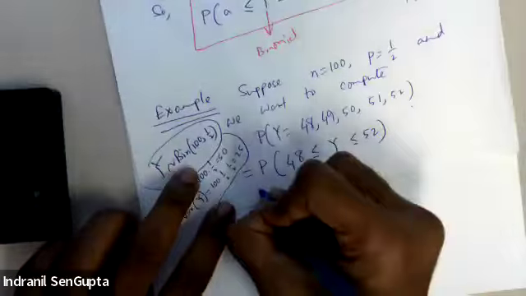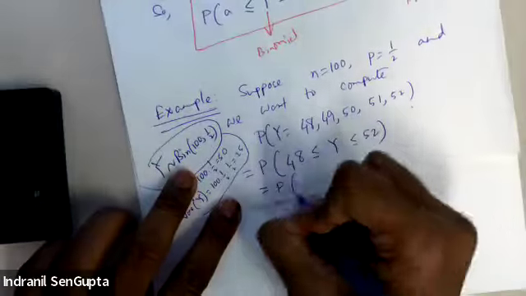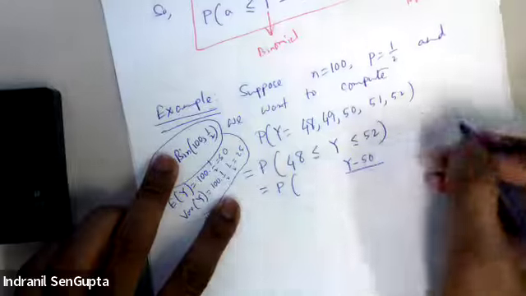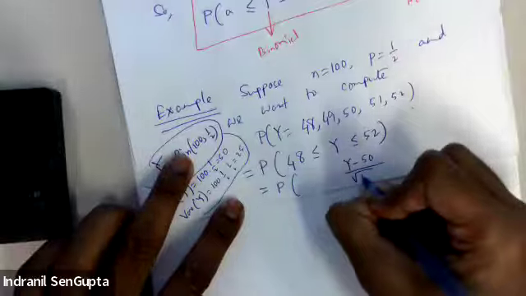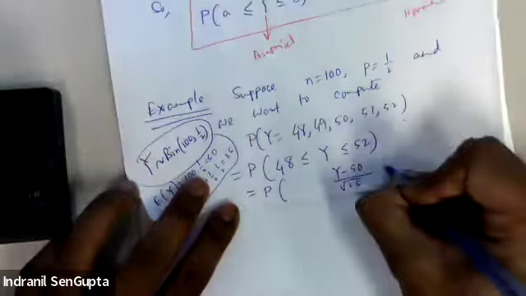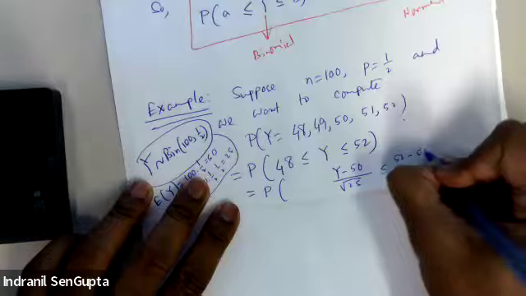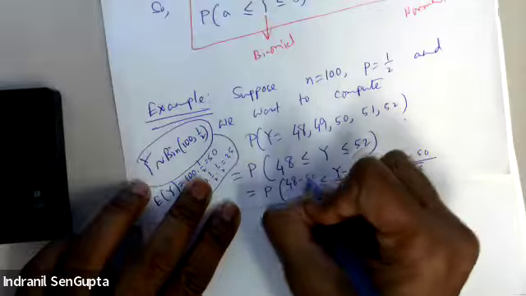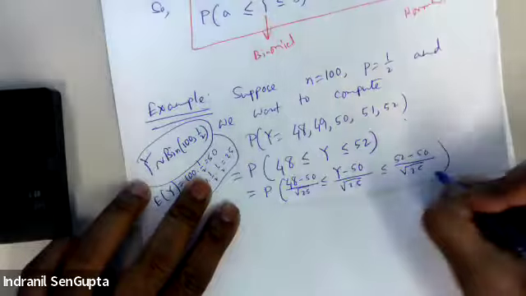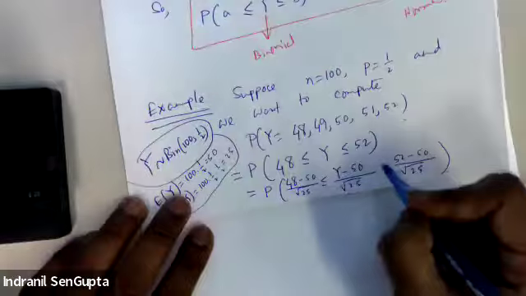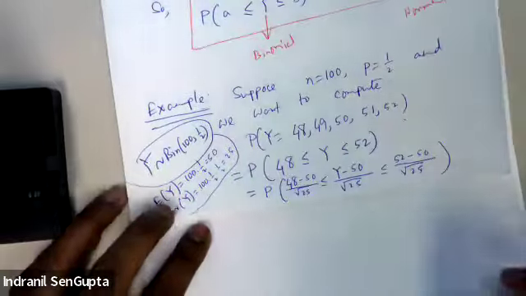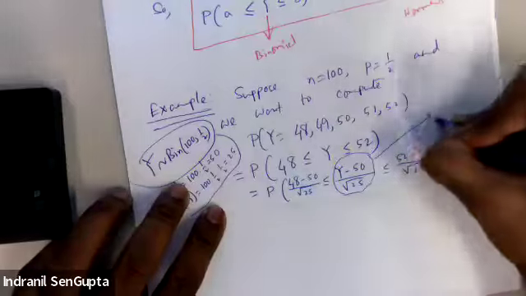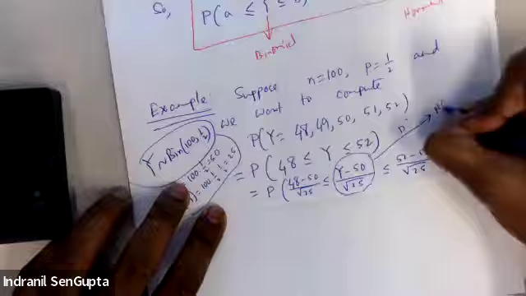So this really means that we are trying to compute probability of y minus 50 over the square root of the variance, which is square root of 25. So it's 52 minus 50 over square root of 25, and 48 minus 50 over square root of 25. So far, I didn't do any continuity approximation because my y is still a binomial distribution. But now I'm thinking this y minus 50 over 5 is approximately normal.